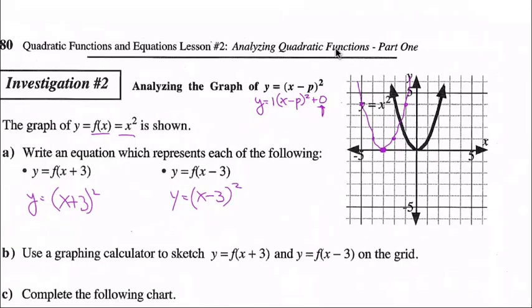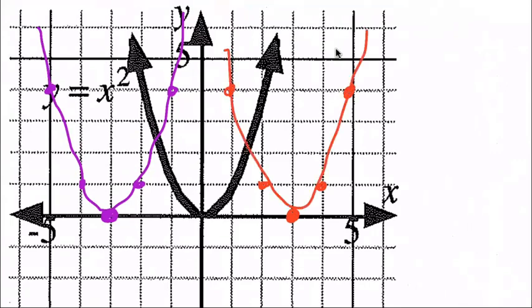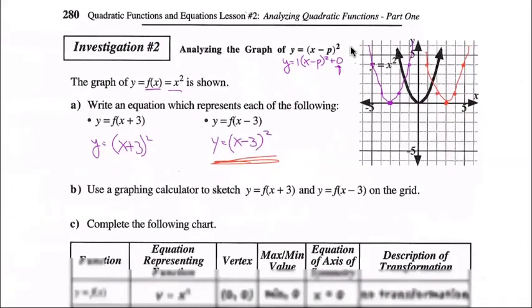And then I'll do the other one in red. X minus 3 will be in red, and it went right 3 spaces. And then we have another chart.